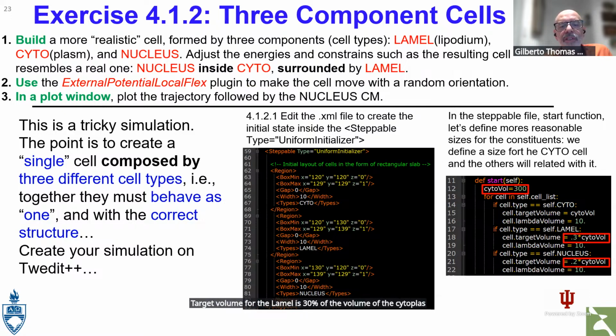And the target volume of the nucleus is 20% of the volume of the cyto. So I have 360 and 90 pixels for the other components. They have different target values.